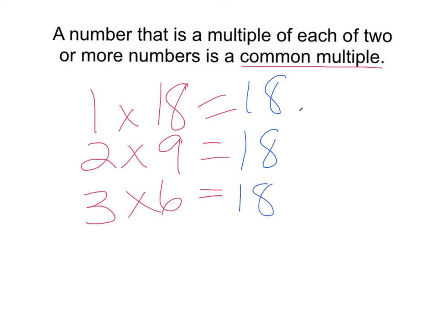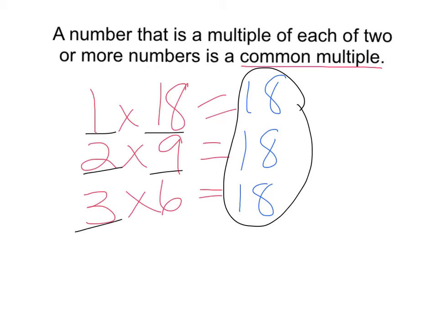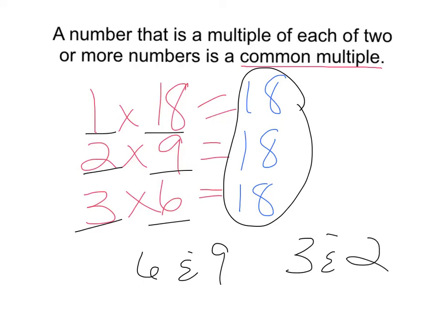So 18 is a common multiple of 6 and 9, or 3 and 2, or what have you. Those are all factors of 18, so 18 is a common multiple of those factors. It's kind of the opposite of greatest common factor that we did in the previous section.